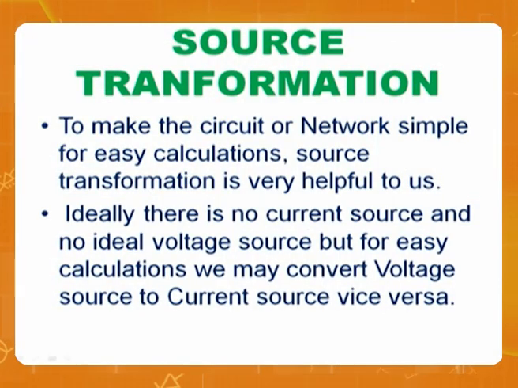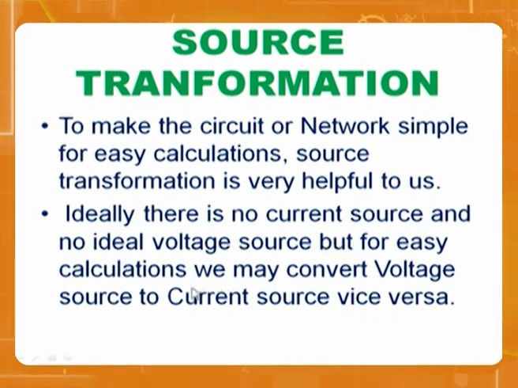Look at here. To make the circuit or network simple, for easy calculations, source transformation is very helpful to us. Ideally, there is no ideal current source and no ideal voltage source.